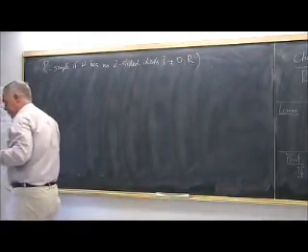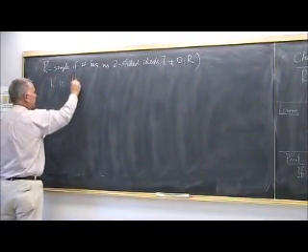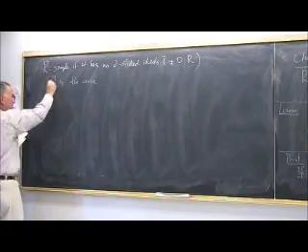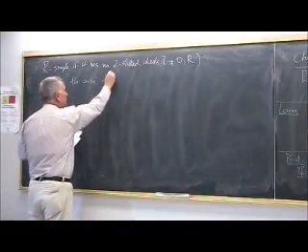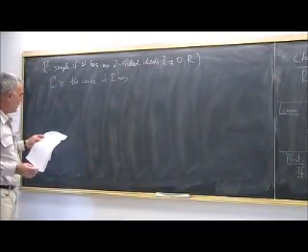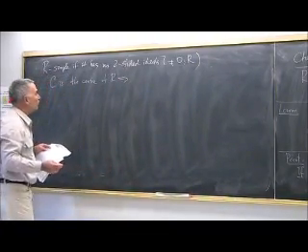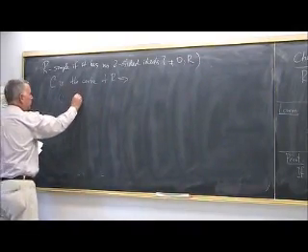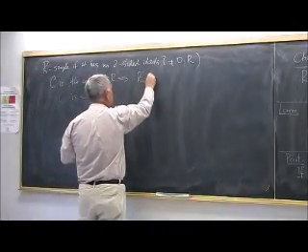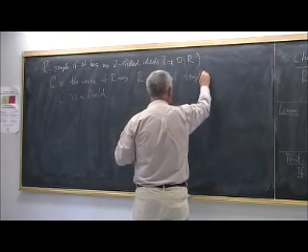And if K is my base field, the center of R, assume that the center is a field, and we call in this case that R is a central simple K algebra.